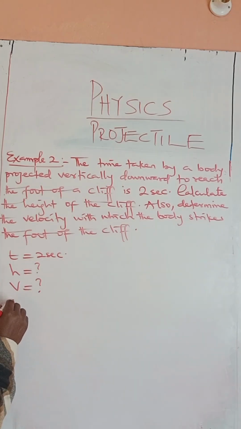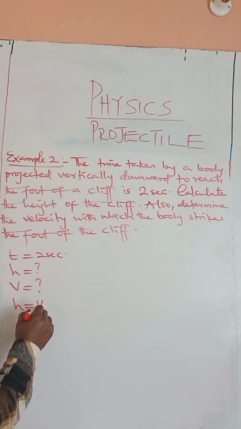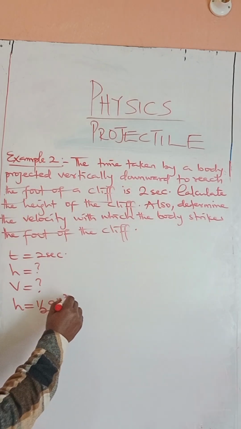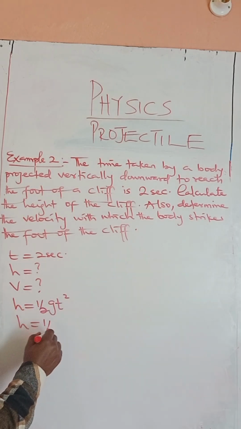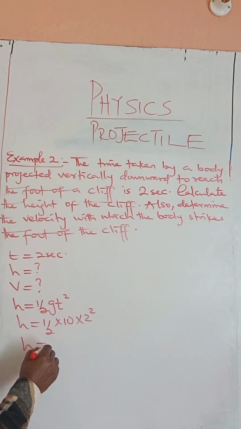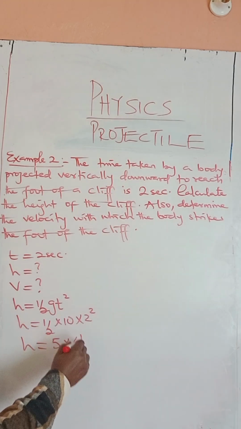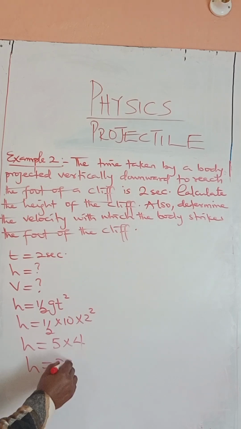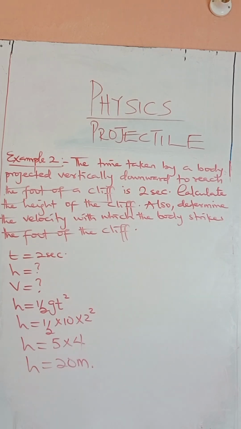So h is equal to half g t squared. h is equal to half times 10 times 2 squared. h is equal to 5 times 4. h is equal to 20 meters. So the height is 20 meters of the cliff.